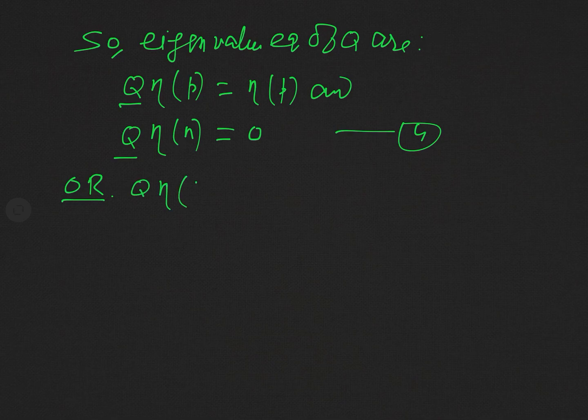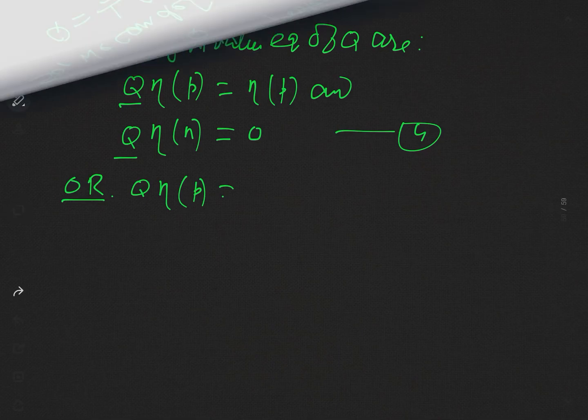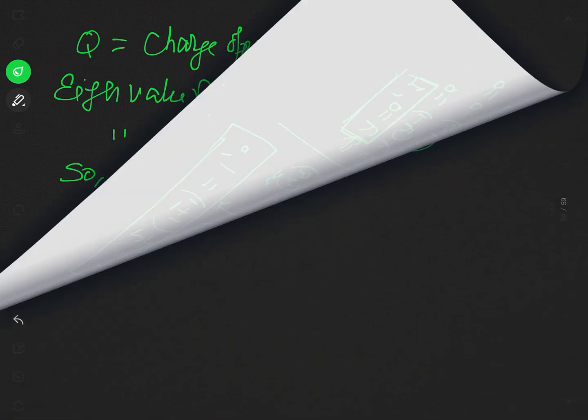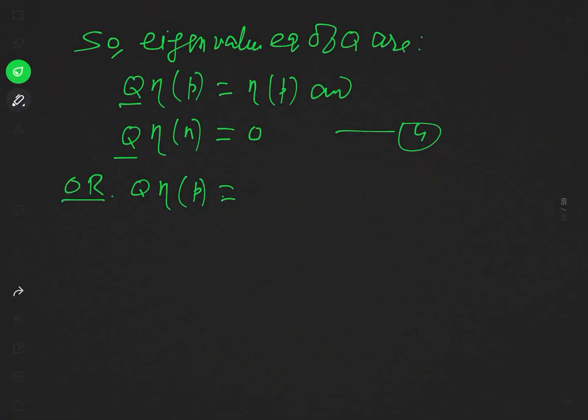So what will be this Q eta p? See here. As you know, the matrix Q is defined in this form, 1 0 0 0.